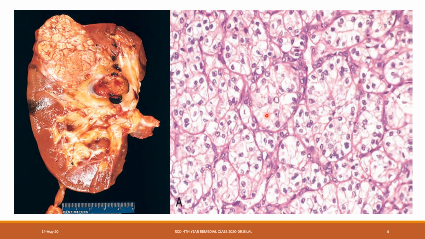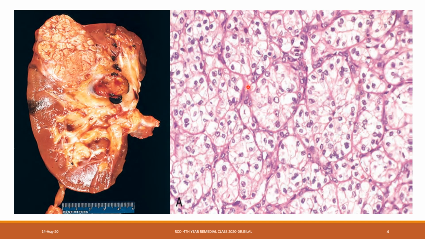Now, the cytoplasm is in many cases clear, although it can be a bit eosinophilic in some of the cases. And then the nuclei, which show prominent nucleoli, are also seen in some of the cells. It depends upon tumor grade how many prominent nuclei are present. But if you focus on this cell and its nucleus, there's a central prominent nucleus that is visible.